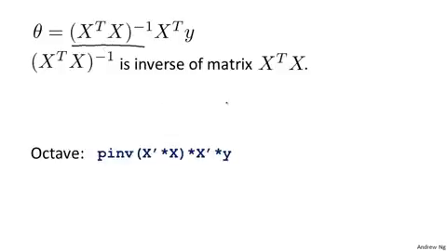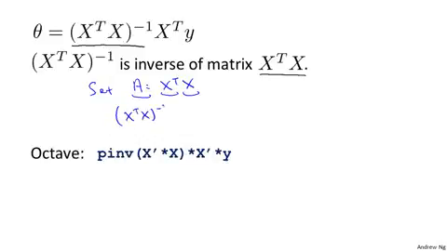Well, X transpose X inverse is the inverse of the matrix X transpose X. Concretely, if you were to set A equal to X transpose times X, so X transpose is a matrix, and X transpose times X gives you another matrix, which we'll call A, then X transpose X inverse is just taking this matrix A and inverting it, so it's equal to A inverse. That's how you compute this thing: you compute X transpose X, and then you compute its inverse.